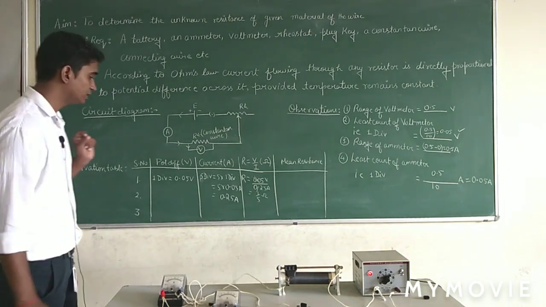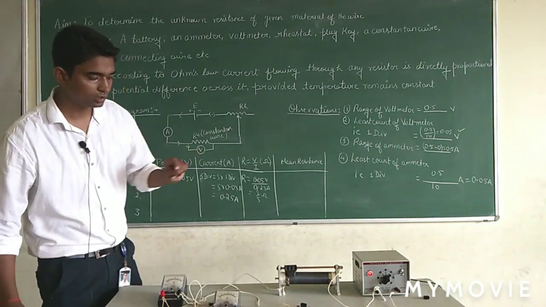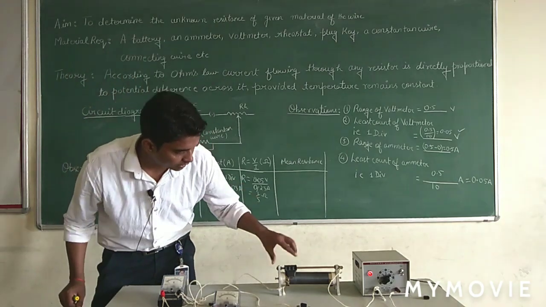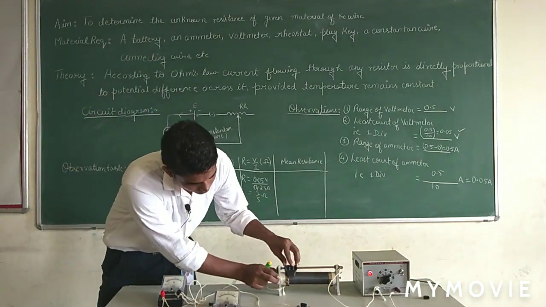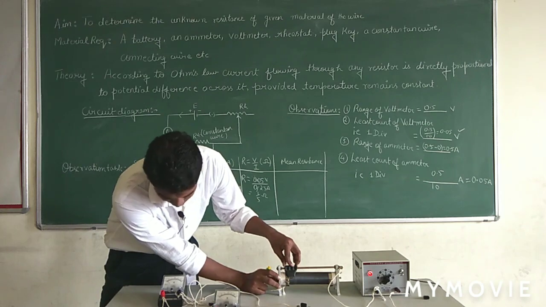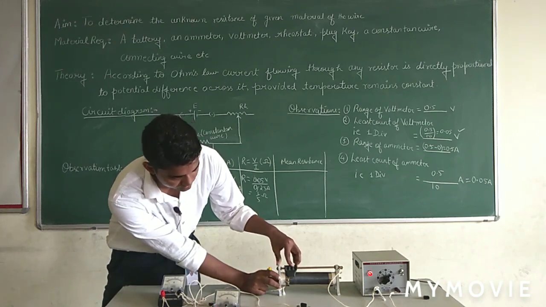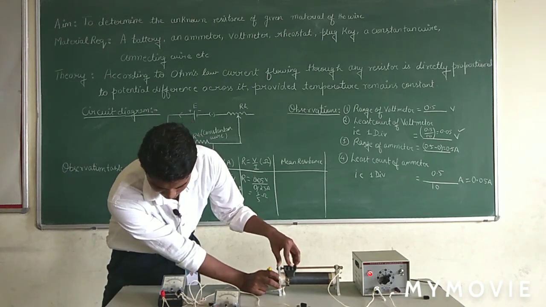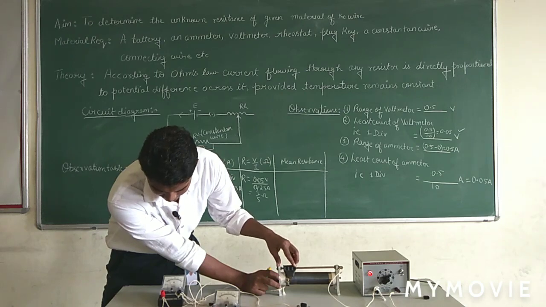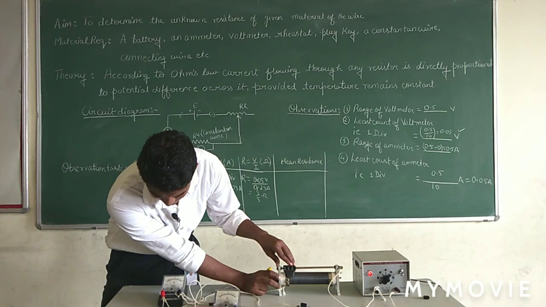Similarly, I am calculating another reading at another position of this rheostat. Now gradually move this rheostat because it will show very rapid deflections. I am trying to adjust it.